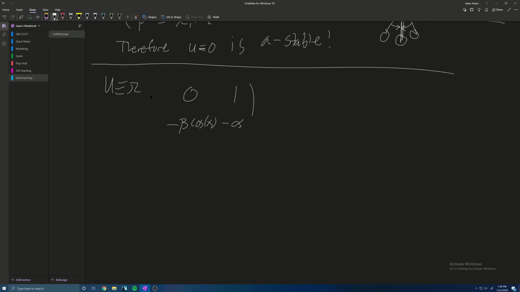But instead, we're going to evaluate this at the pi, 0 point, right at time 0. Pi is the angle, and the angular velocity is 0 at time 0. So we evaluate this at pi comma 0.